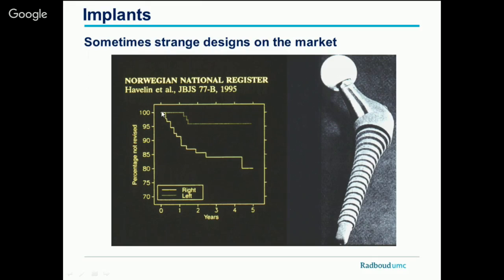So here you see the survival, we call it survival, of the right and left side of the patient. So I have here the left side. After 1 year, there is 100% survival, and then there is some failure. But there is 95% survival after 5 years. On the right side, it fails much earlier. So that's interesting.